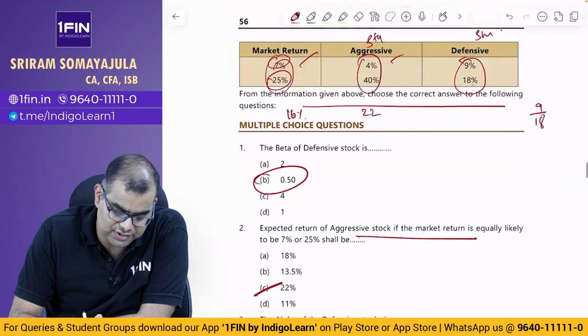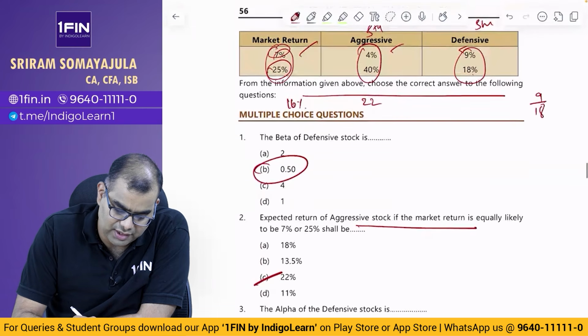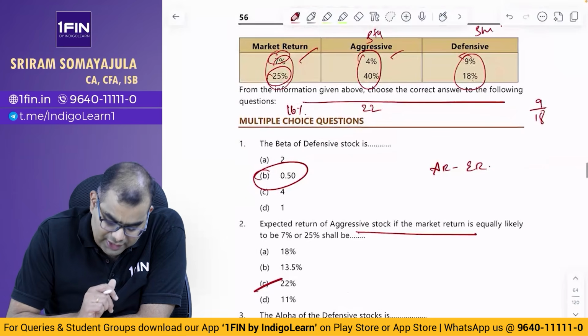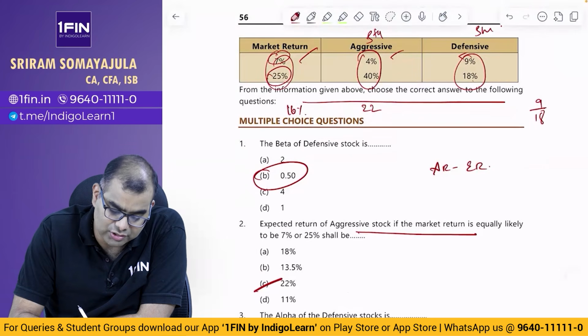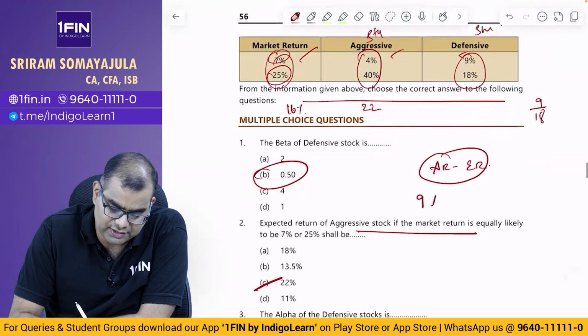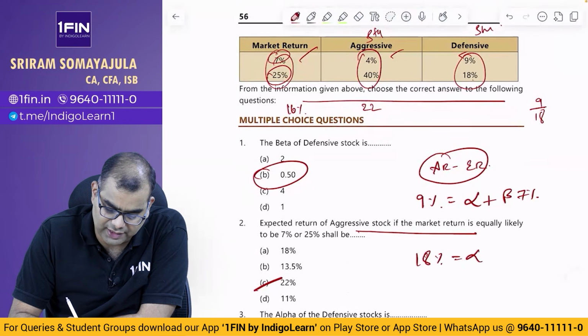Then alpha of the defensive stock. What do you mean by alpha? Alpha is actual return minus expected return. Now what is the actual return? Do we know what is the actual return? Actual return is, no, this is not the thing. We should actually compute it this way. 9% is equal to alpha plus beta into 7%, and 18% is equal to alpha plus beta into 25%.